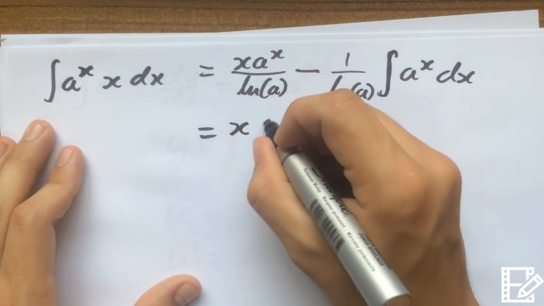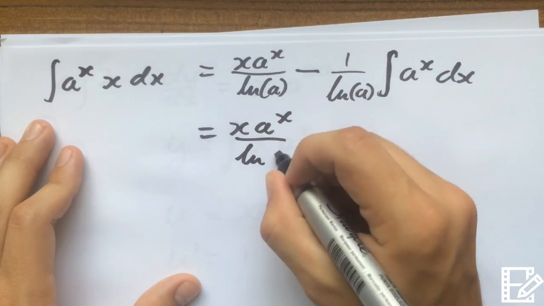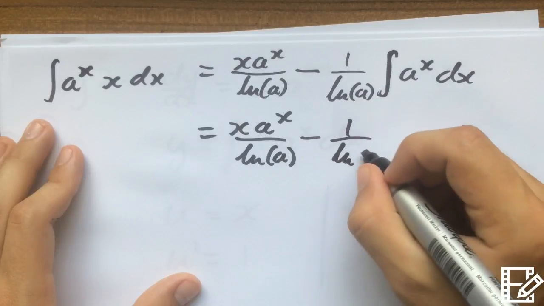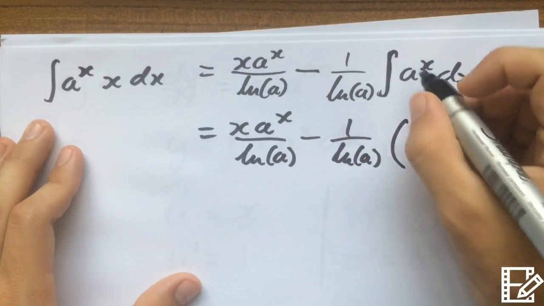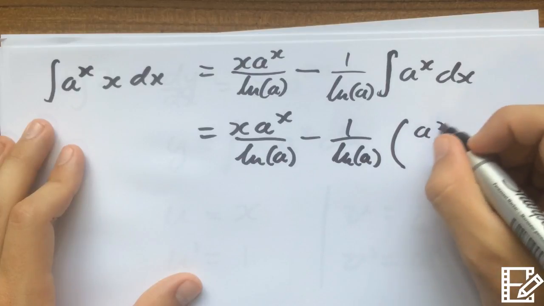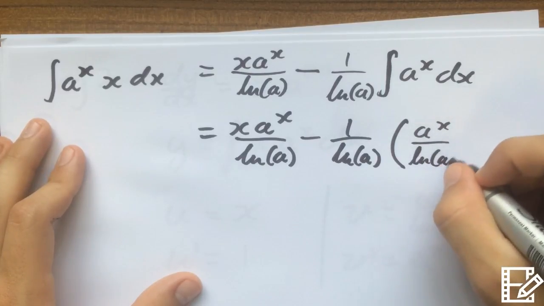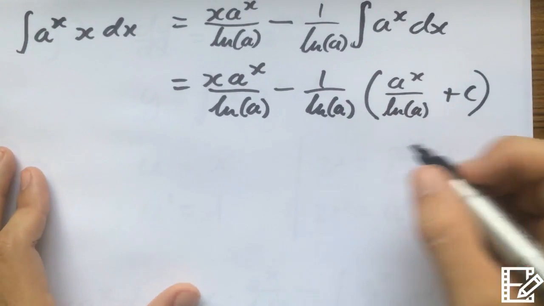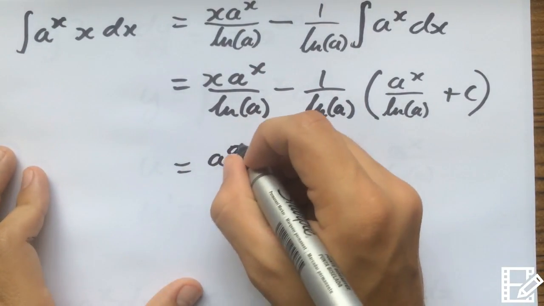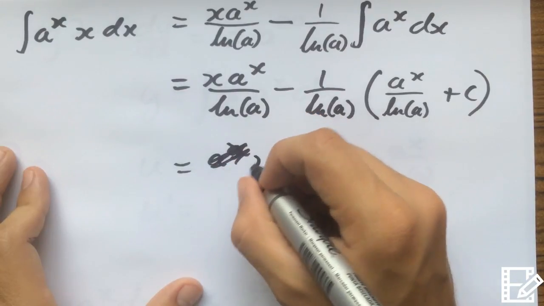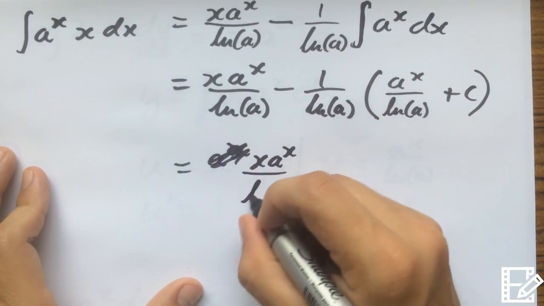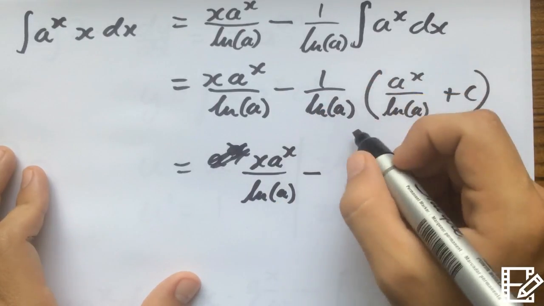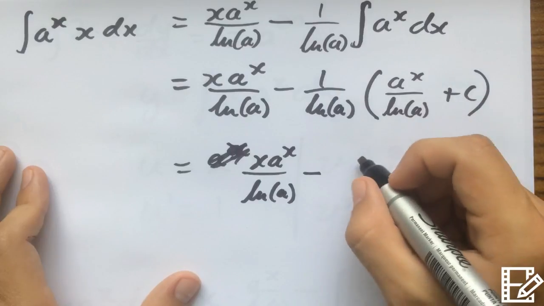So this stays the same. X, a to the power of x, ln of a. Subtract 1 over ln of a. The integral of a to the x is a to the x on ln of a plus c. Okay, this bit stays the same, except I messed it up. Subtract, what's 1 over ln of a multiplied by a to the x over ln of a?